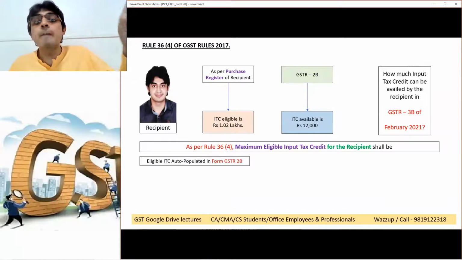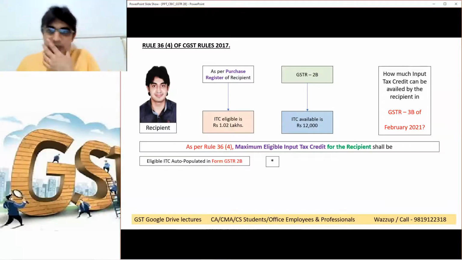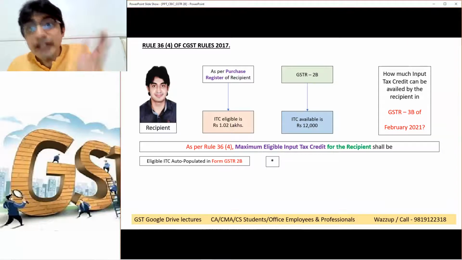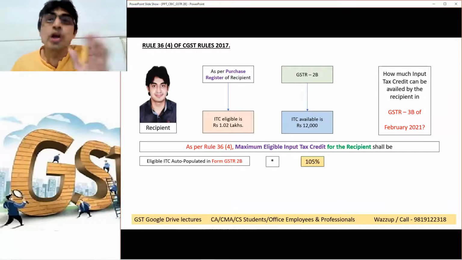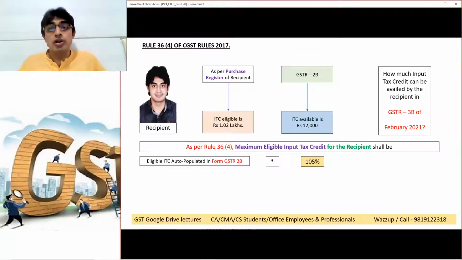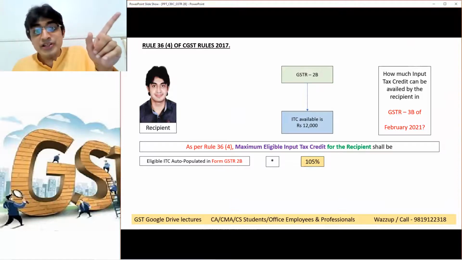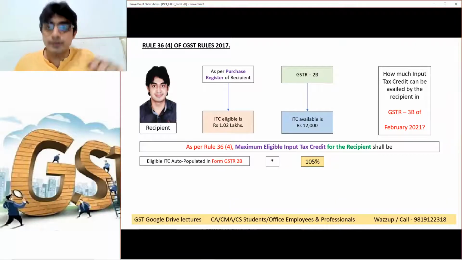ITC which is auto populated in my 2A or 2B into how much? Maximum 5% plus 5%, or you can say into 105%. So I have 12,000 in my 2B into 105%. Whatever is in the purchase register, I have to ignore it.